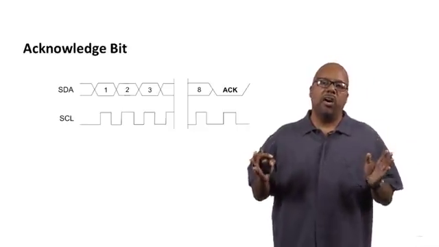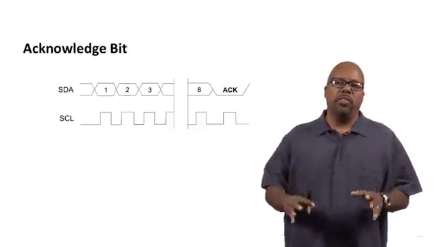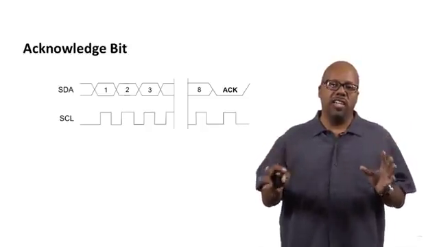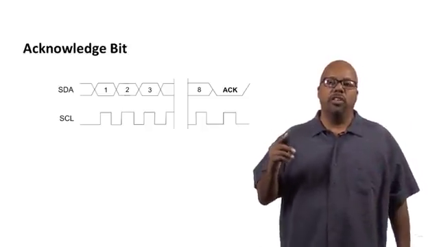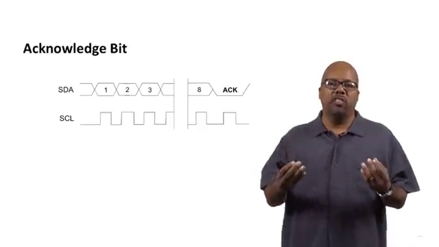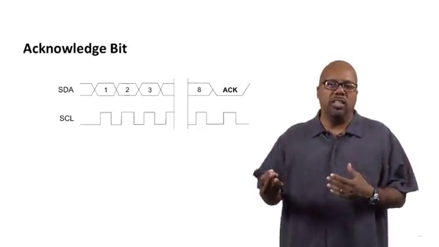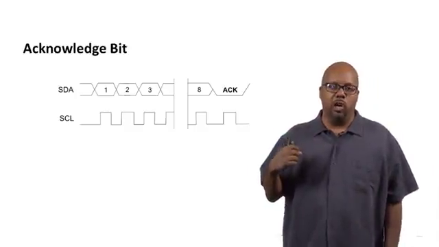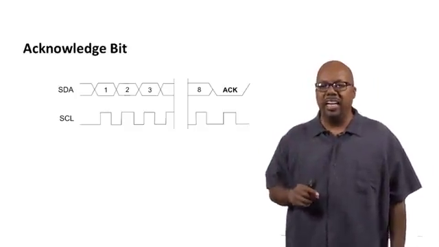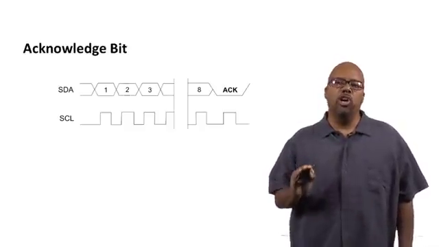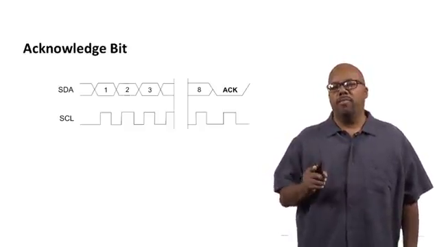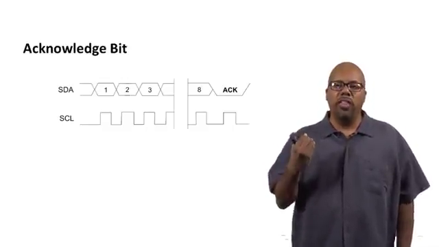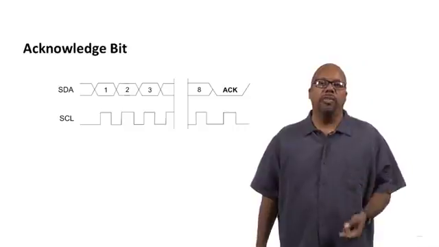So once it sends out all 8 of these bits, at that point, for one SCL clock pulse, the master does not drive the SDA line. It's up to the receiver, which if the master is doing transmission, is the slave, but it's up to the receiver at that point to pull the SDA line low. That's called acknowledge. See where it says ACK? Notice that the SDA line is low when it says ACK. So for that SCL clock pulse, the receiver has to pull that SDA line low.